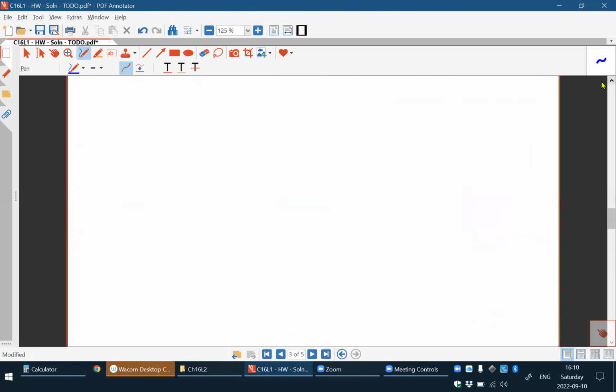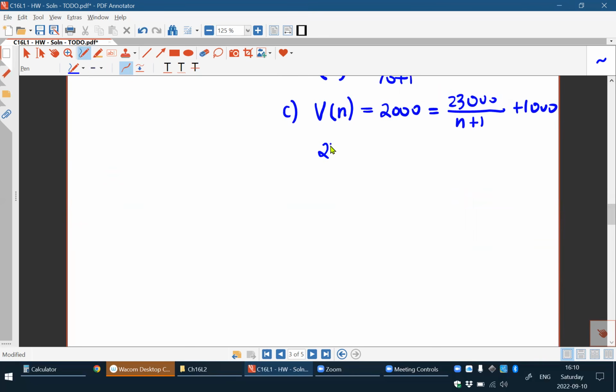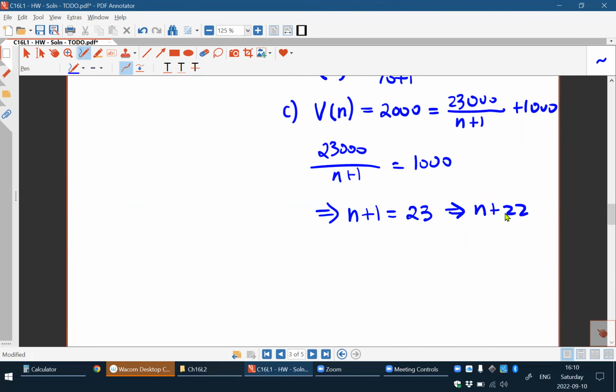So this means 23,000 over n plus 1 equals 1,000. Therefore, we can find n plus 1 must be 23, and n must be 22. So what does n equals 22 mean here? It means the car is 22 years old, right? That's the final solution.